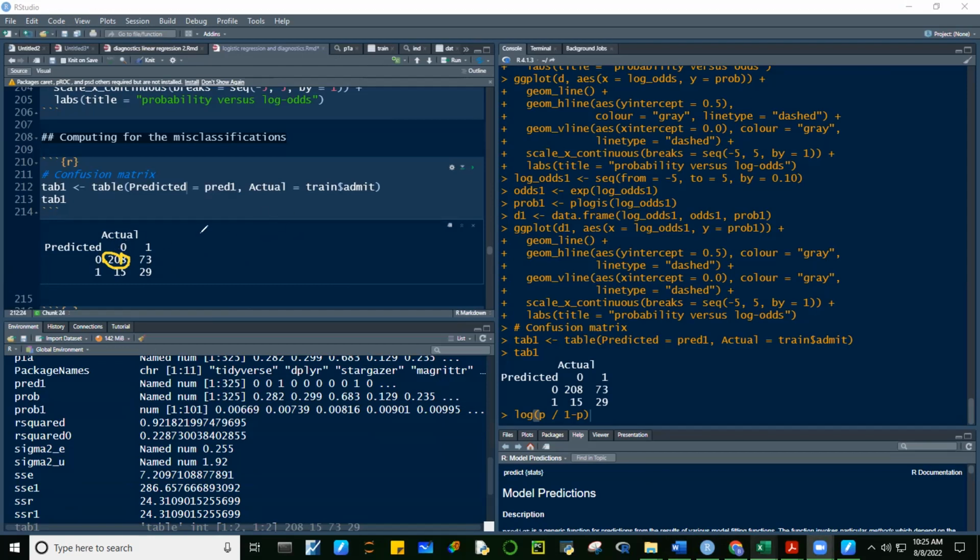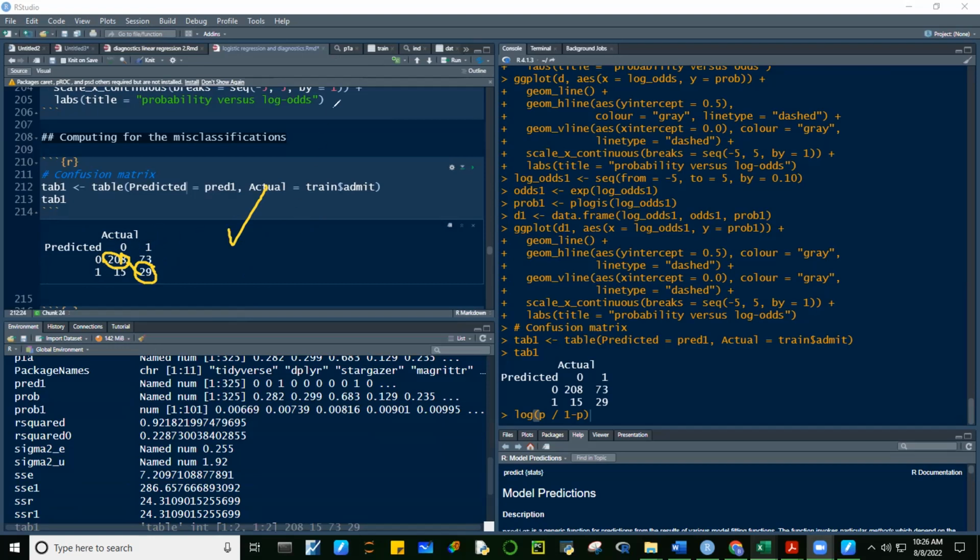So, itong 208 na to, this is the correct prediction. Tama ito, kasi actually, hindi siya na-admit. Predict siya as hindi na-admit. And also this 29, ito. So yung diagonals, no? The diagonals are the correct prediction. Kasi predict siya na ma-admit, tapos na-admit nga siya.